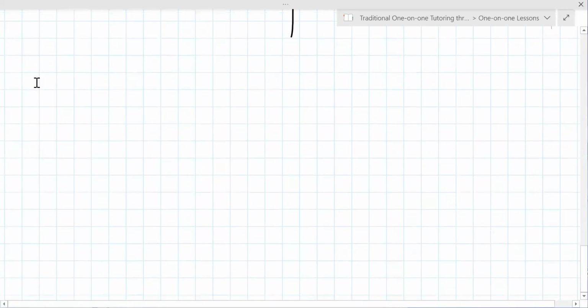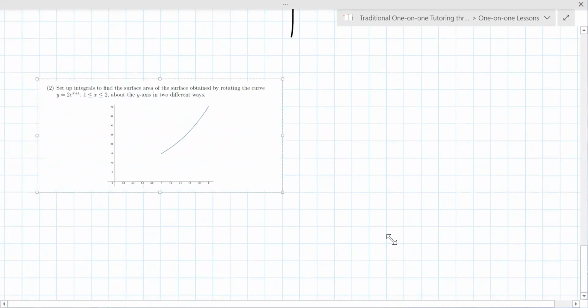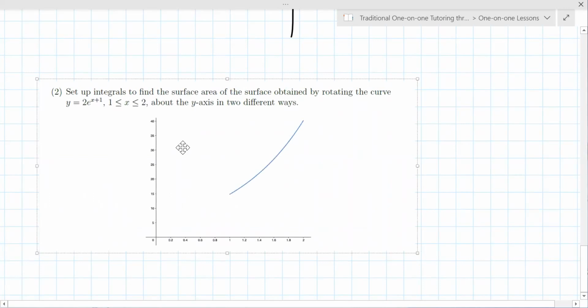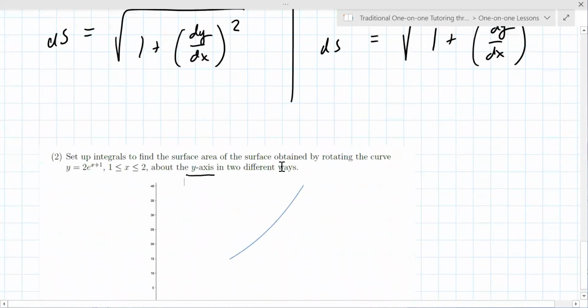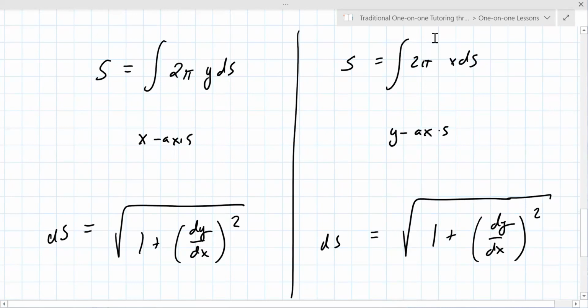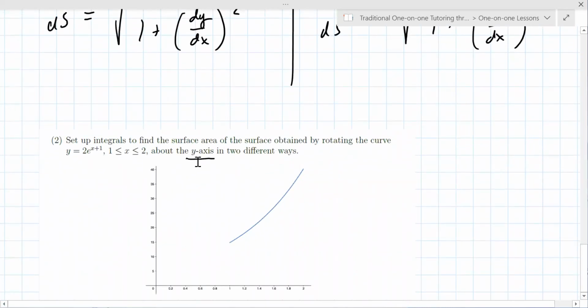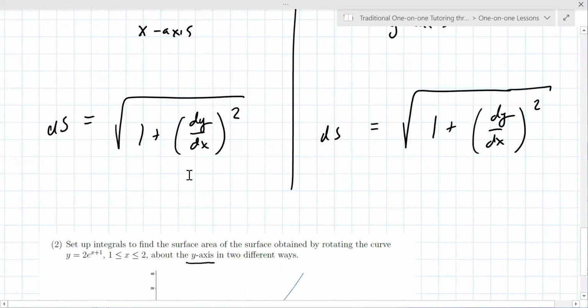Going to question 2. It says set up integrals to find the surface area by rotating the curve about the y-axis in 2 different ways. I remember when we did this, the y-axis one is the more straightforward one. The y-axis is 2 pi x ds. Actually, no, that's not the more straightforward one.